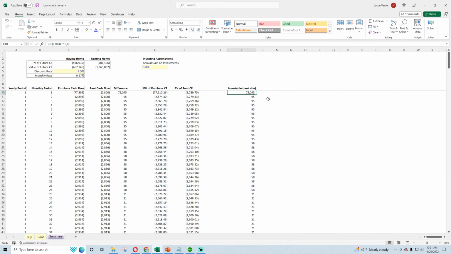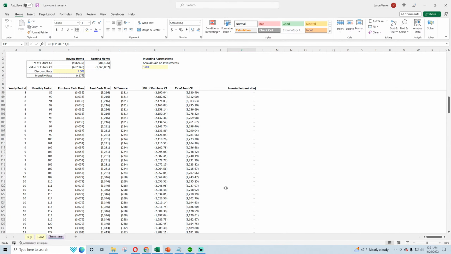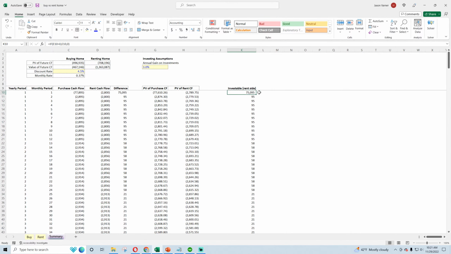Or what if the extra cash flow is just the gains from those investments, which will then offset this final difference amount? So you have a difference and you have a difference after investment, which would be any gain here. Now we'll have to do an adjusted difference anyway. It's either going to be the value at the very end is going to be bigger, or the value each month is going to be different.